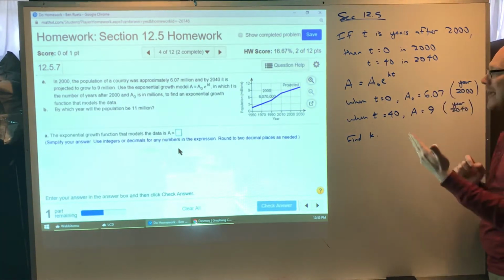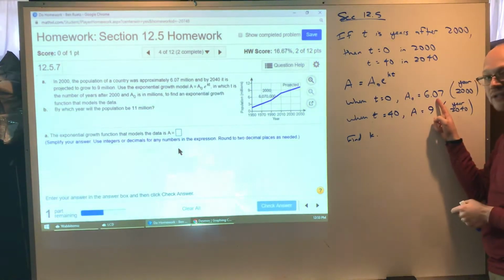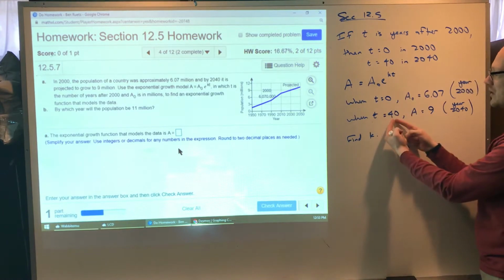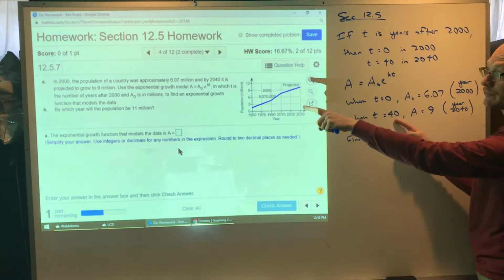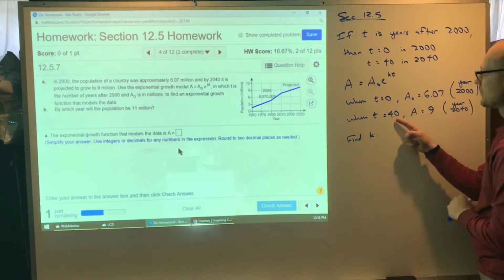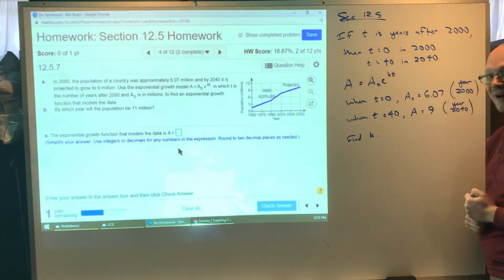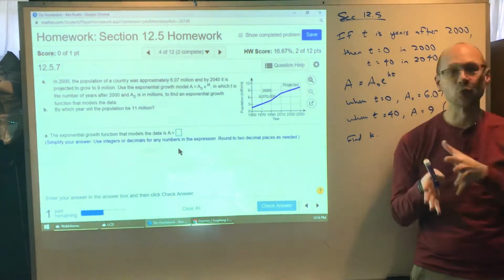That means my a sub 0 value is going to be that initial amount of 6.07. I also know that when t equals 40, 2040, 40 years after 2000, my population is going to be 9. I need to use that information to find the value of k, because k is that growth rate.